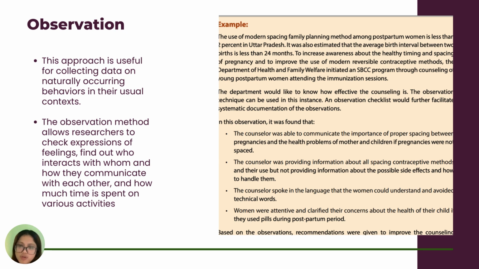In another area in India, they have an SBCC program which aims to campaign for the use of modern spacing family planning. To address this, the Department of Health and Family Welfare initiated a counseling program for young postpartum women attending the immunization series sessions. Through observations, it showed that effective communication on spacing between pregnancies is really crucial.